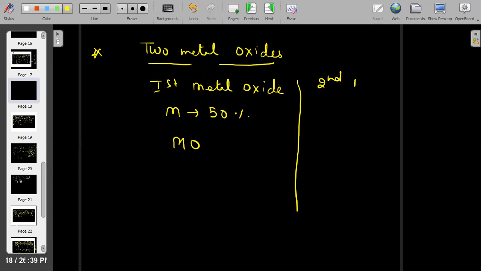In the second metal oxide, metal is 60%. Now find the formula of the second metal oxide. Do it fast, you have just 2 minutes.